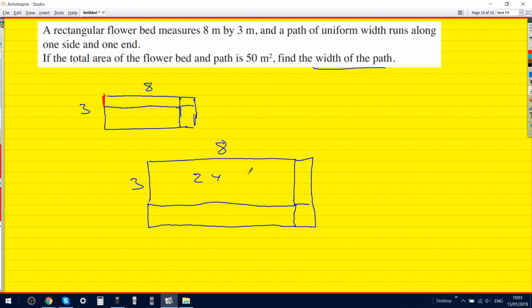So that's the area of the flower bed. What could you call the unknown width? x. So 50 minus 24 equals 26, and that's the area of the path.